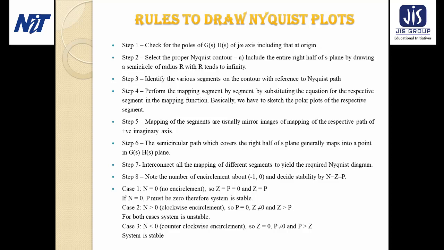And for the third case, when n is less than 0, that means a counterclockwise encirclement, then z is equal to 0 and p is not equal to 0, and p is greater than z. In both these cases, where p is not equal to 0, p is greater than z and z is equal to 0, the system will be stable. So these are the rules to draw the Nyquist plot and find out the stability from the Nyquist plot.